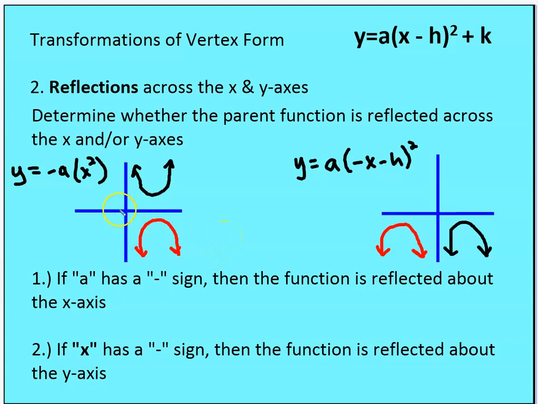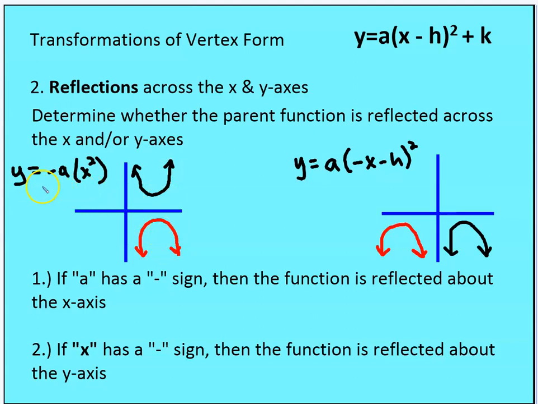And we can tell pretty quickly if the graph is reflected across the x or y axis. If the function moves from y is equal to x squared to y is equal to negative x squared, then we're reflecting across the x-axis.